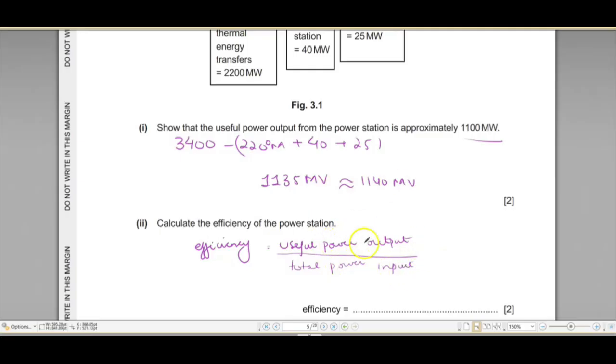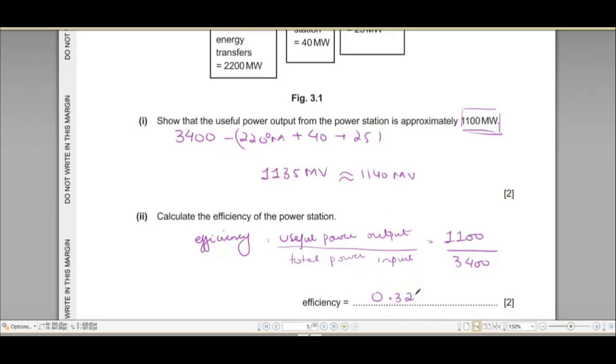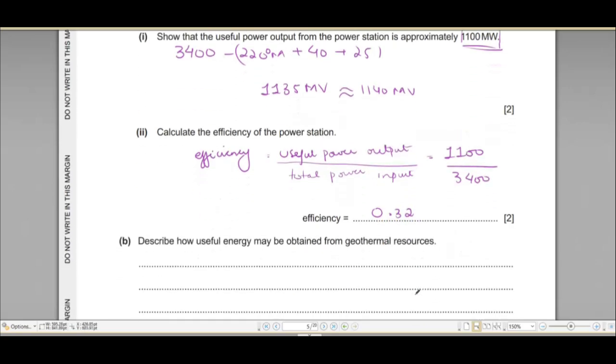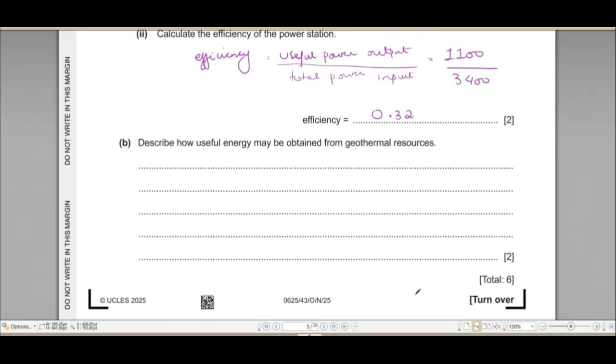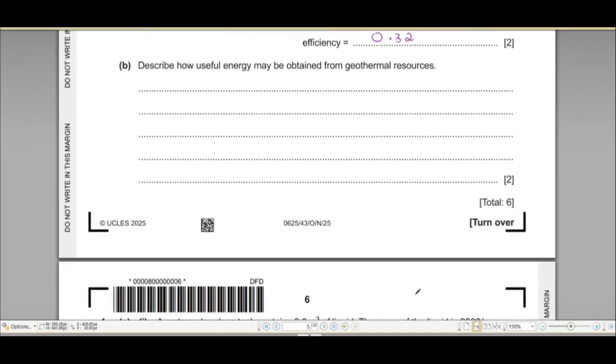So our useful power output was, we can say, 1100 megawatts, since this amount is given in the question, so we can use that. And the total power input was 3400 megawatts, so the efficiency is going to come out to be 0.32. Okay, and if you want a percentage efficiency, then you can multiply by 100. So that's going to be 32%, I think.